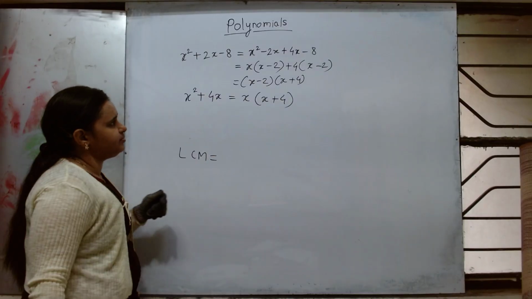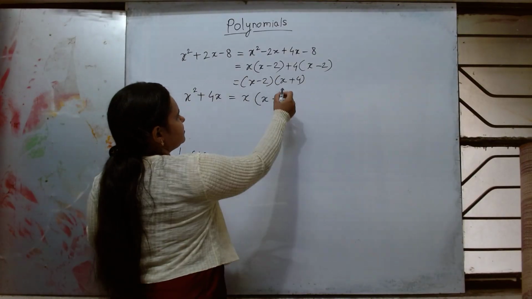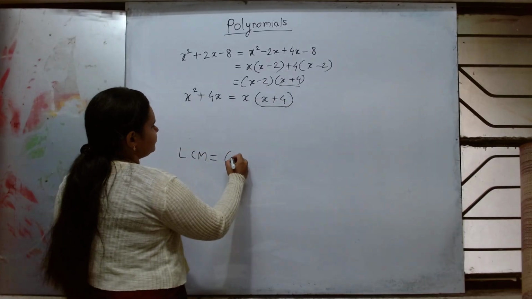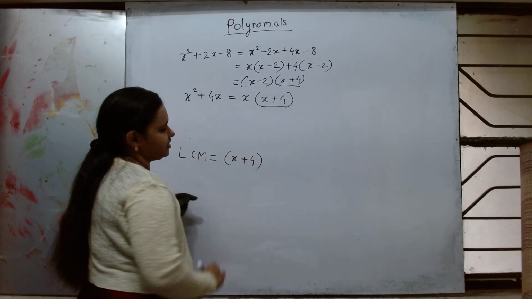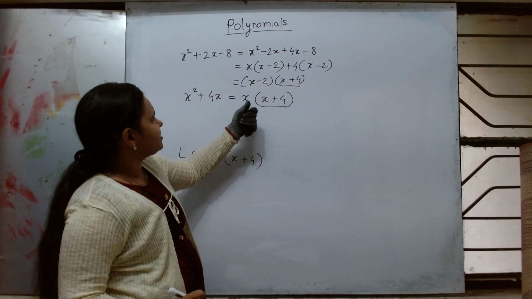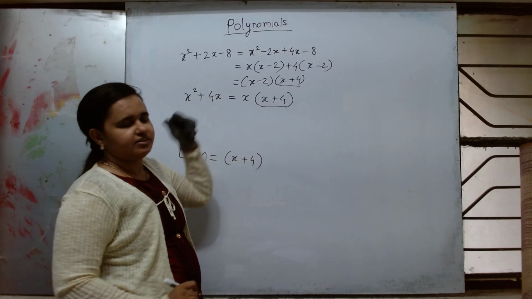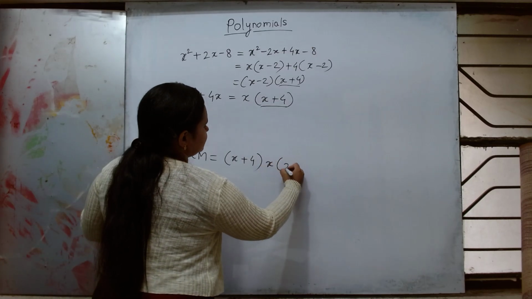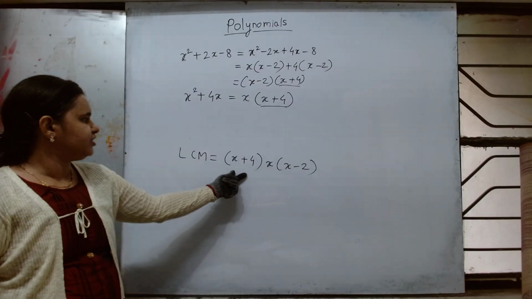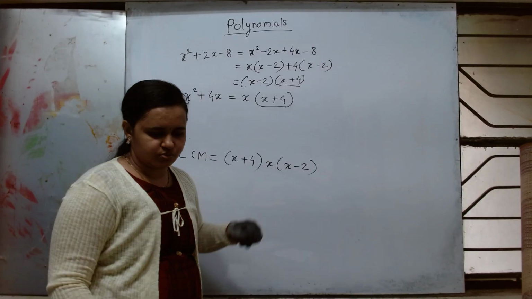In LCM, the common factor from these two polynomials is x plus 4. So we will write x plus 4 only one time. Common factors should be written only one time. Now the uncommon factors are x and x minus 2. So LCM will be x into x plus 4 into x minus 2.